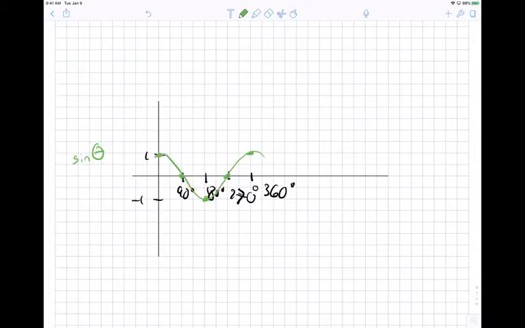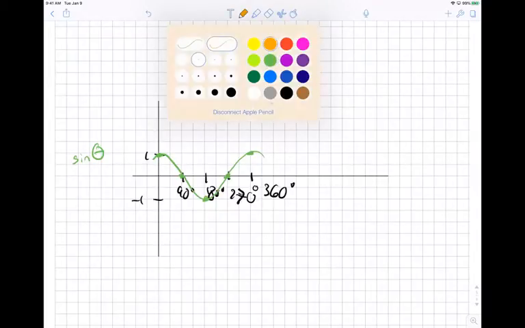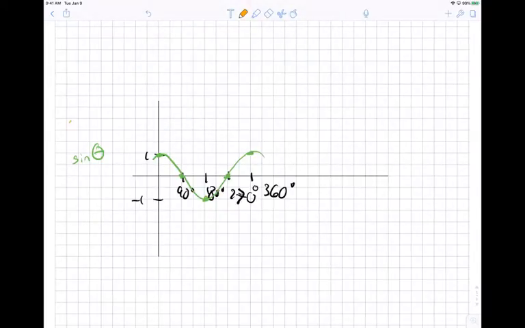Now, when we go to do inverse cosecant, let me think about this. When we look at the graphs of these, oh, what did I do wrong?